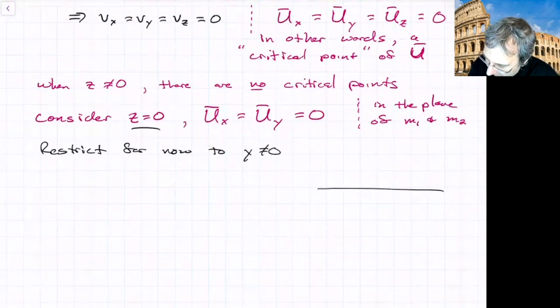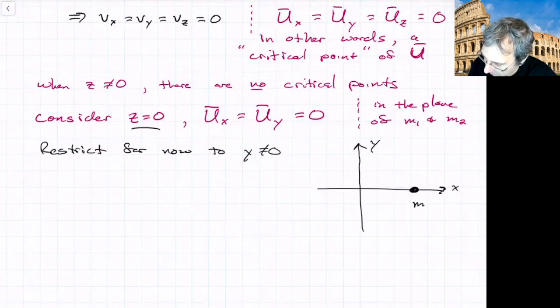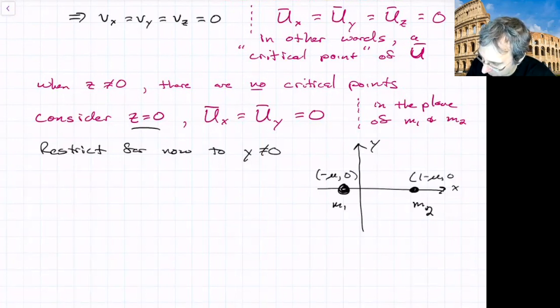If I do a little sketch of our system, remind ourselves, we're looking in the xy plane. We've got the mass m2 over there and the bigger mass m1. So this is at negative mu, 0. And this is at 1 minus mu, 0. And if we're looking at y not equal to 0, that means we're looking off of the x-axis.